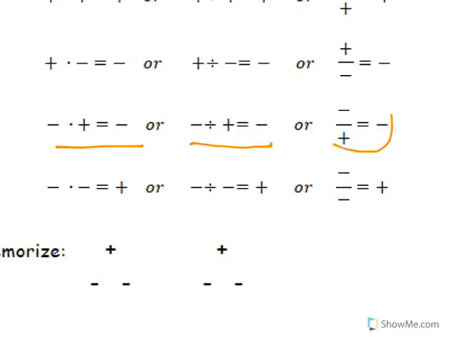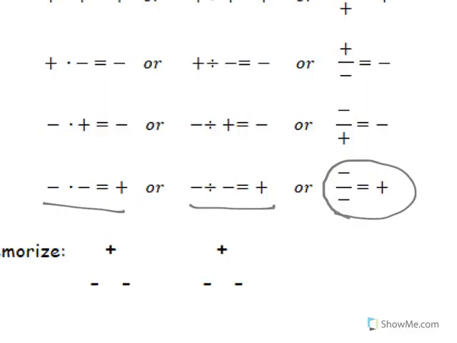Fraction format, negative divided by a positive equals a negative. And lastly, negative times a negative equals a positive. Negative divided by a negative equals a positive, or in fraction format, a negative over a negative. A negative divided by another negative is going to be a positive.